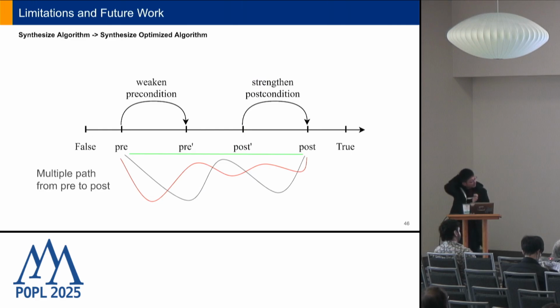And another problem is that we didn't quantify the optimization problem. So we only try to synthesize algorithms, but not optimize algorithms. There are many paths from the precondition to the postcondition, but we didn't quite quantify which path is the best way.